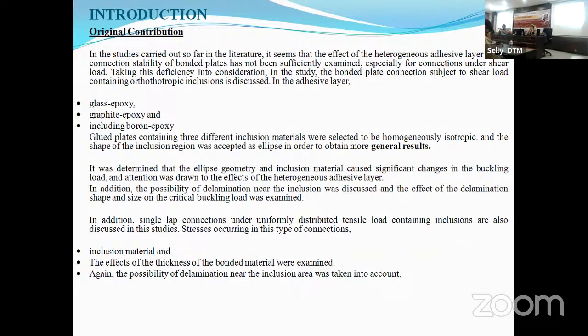What about the original contribution? We use orthotropic inclusions to understand the behavior of the heterogeneous adhesive layer. We use glass epoxy, graphite epoxy, and boron epoxy for inclusions in the adhesive layer.